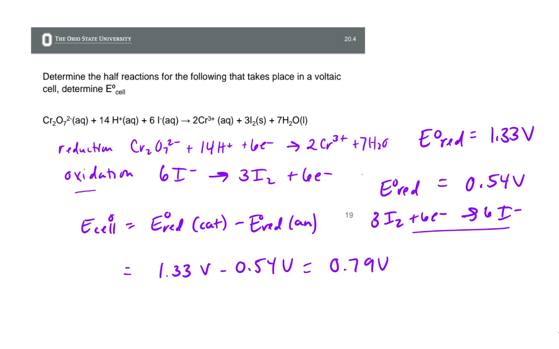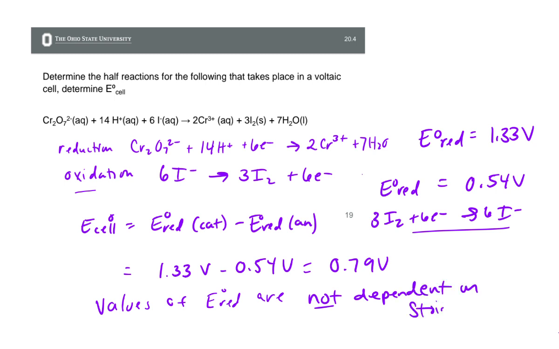It is not dependent on stoichiometry. And I think that is counter to almost everything we've seen so far this semester. So I wanted to point that out. Okay. Questions on that?